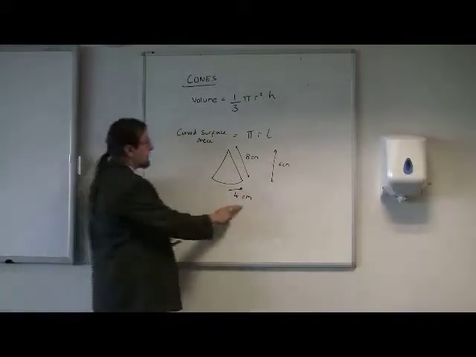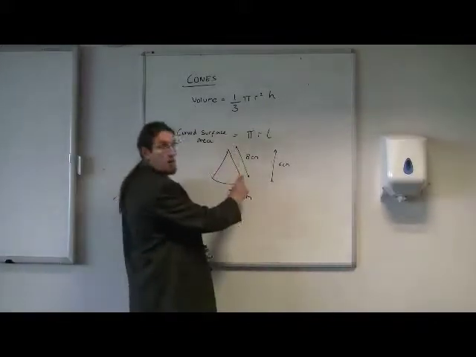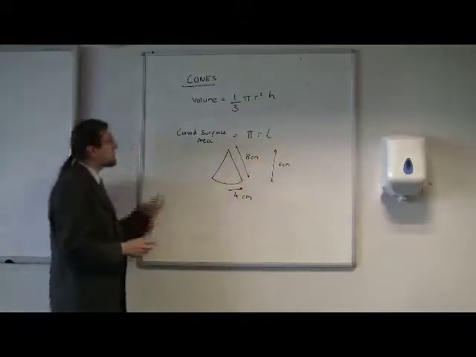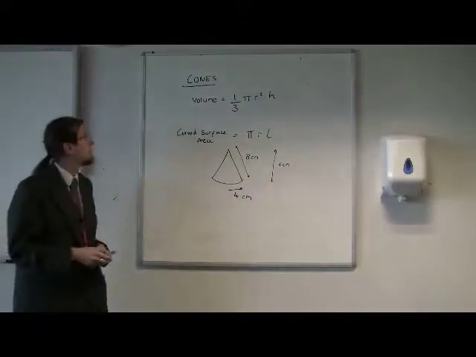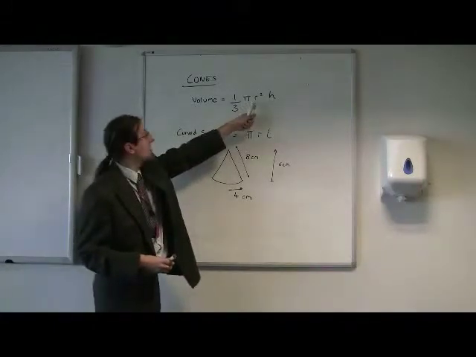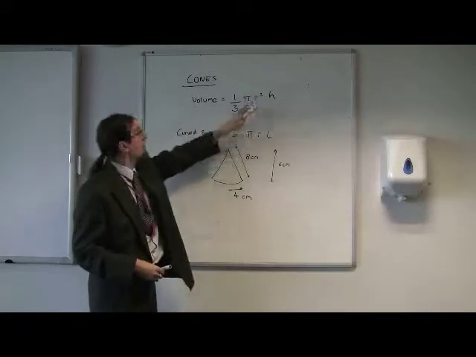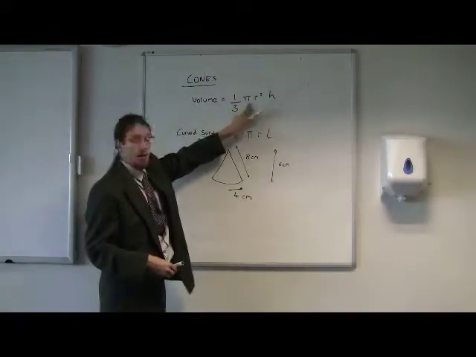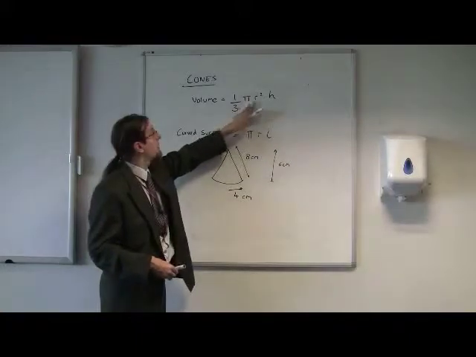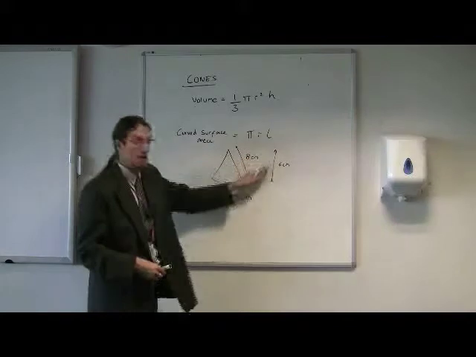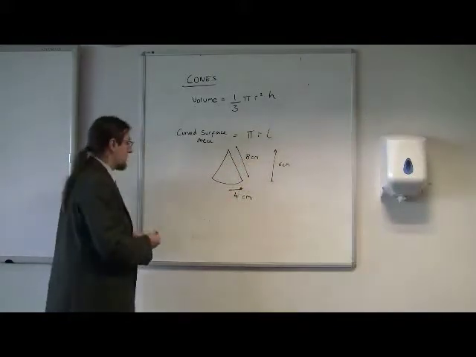We've got the radius, the sloping edge, and vertical height. We'll do the volume to start with. 1/3 pi r squared h. We can treat 1/3 as just dividing by 3. Pi, we know to just be a number. R squared, so it's got to be 4 times 4, and h, the vertical height.